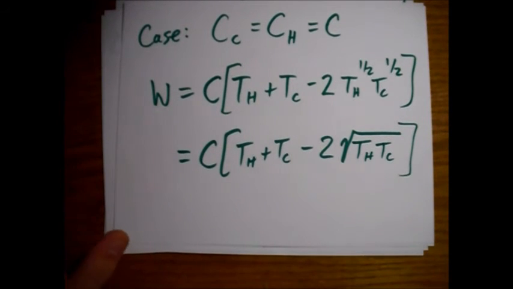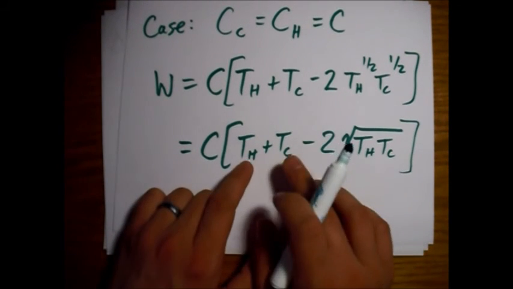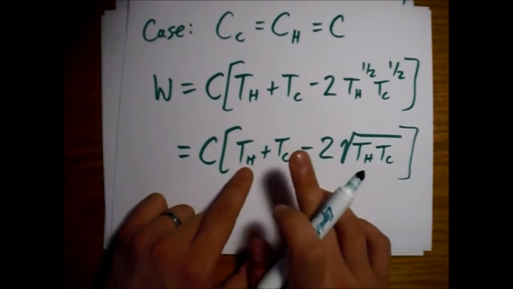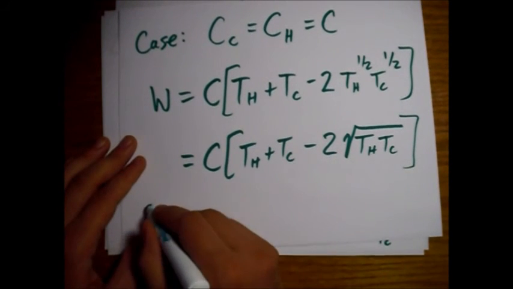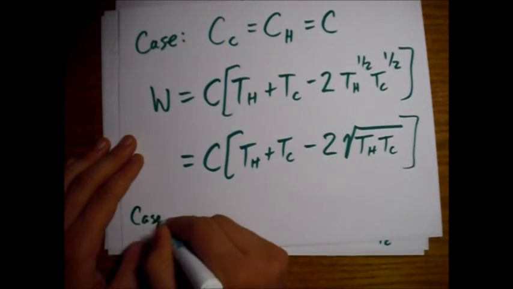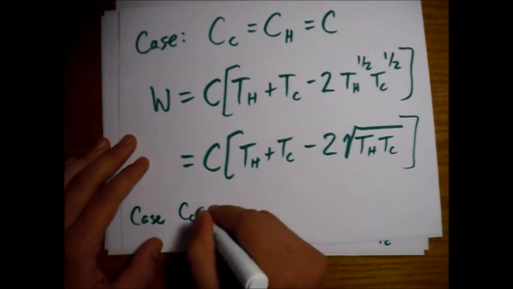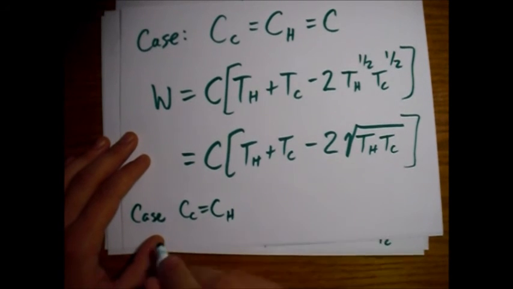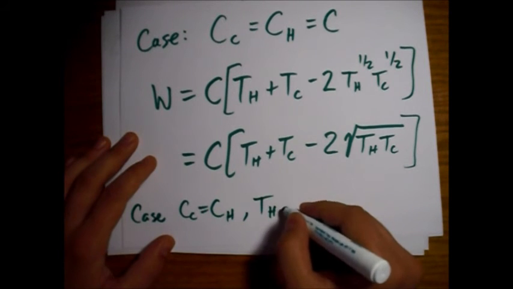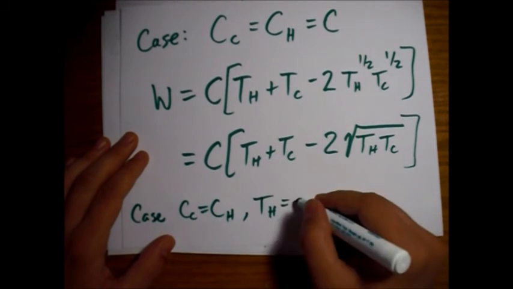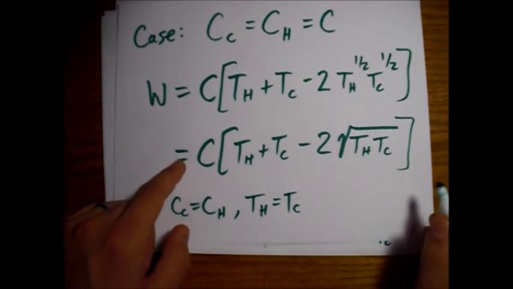All right, and just real quick, suppose that we started out with two temperatures that were the same. We should be able to get nothing out of it, right? So in the case where the heat capacities are the same and the temperatures are the same, I guess the heat capacities shouldn't even have to be the same in this case, right?